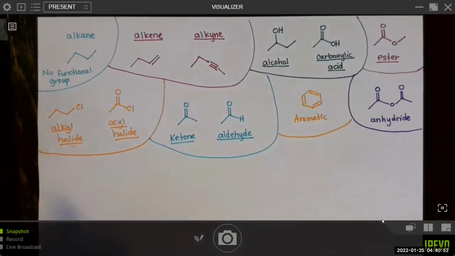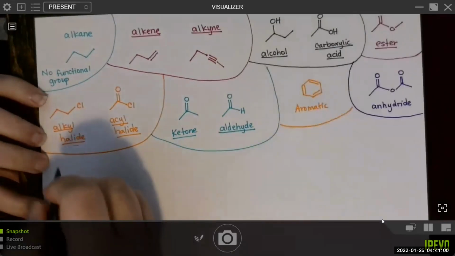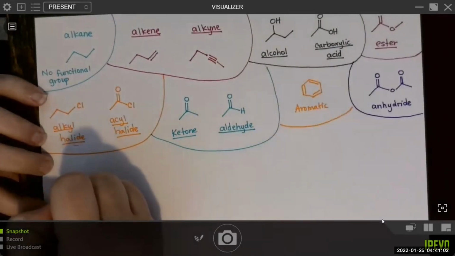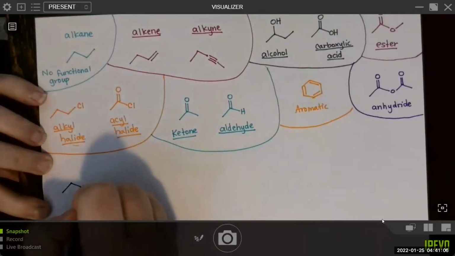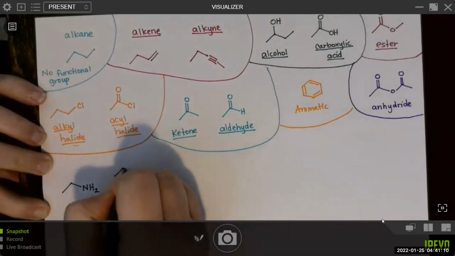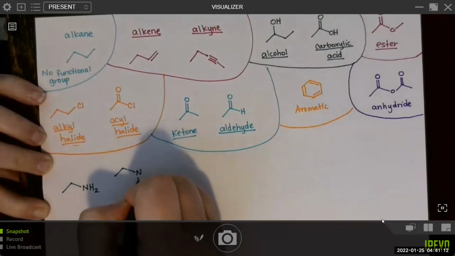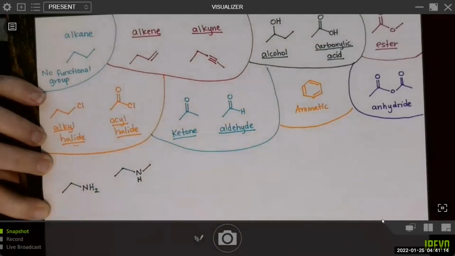Okay, let's look at some ones that involve nitrogen. Nitrogen is also a very common functional group. So what if we have carbons that are attached to a nitrogen, and that could be attached to hydrogens. Maybe it's attached to 2 hydrogens. Maybe it's attached to 1 hydrogen and it has 2 carbons attached to it.